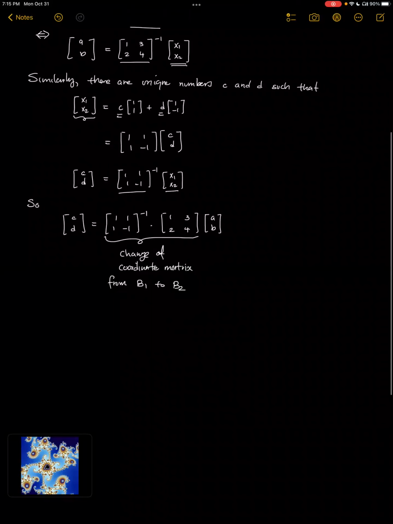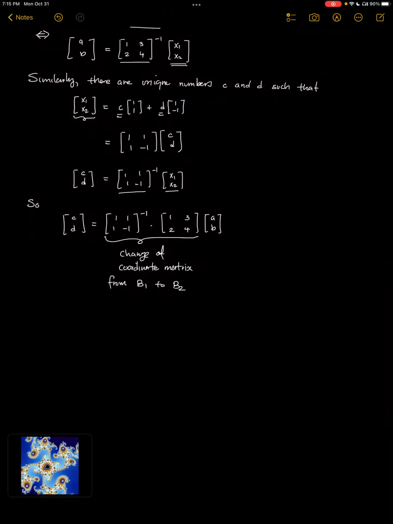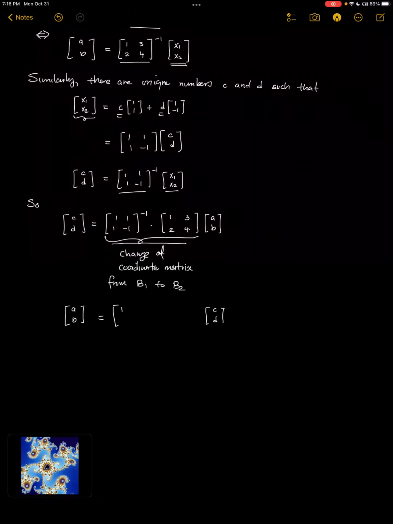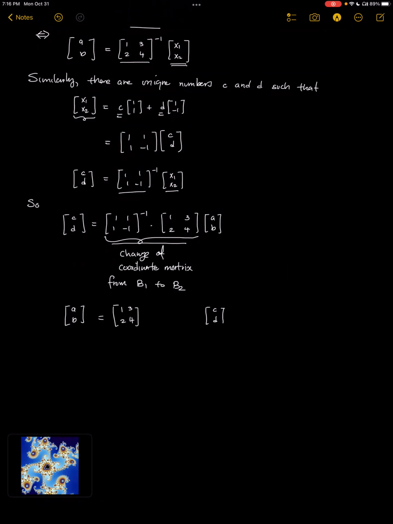Now, it's not a surprise that we may invert this relation and say, if you want to translate from B2 to B1, meaning to be able to express (A, B) in terms of (C, D), we will simply invert the matrix that we're given here. So similarly, we would get [1 3; 2 4] inverse times [1 1; 1 -1].